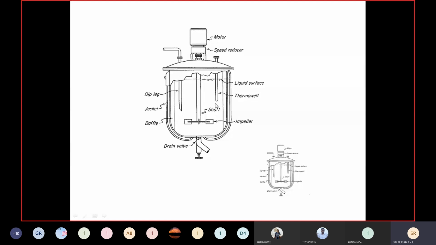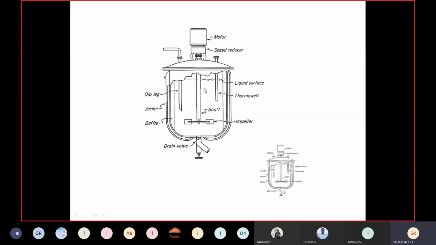This is called the large process vessel and this is called the small process vessel. Similarly, what should be the diameter of the agitator, the diameter of the tank, and the height up to which we can pour the liquid? All ratios would be the same in this large process vessel. Then only there will be geometrical similarity.